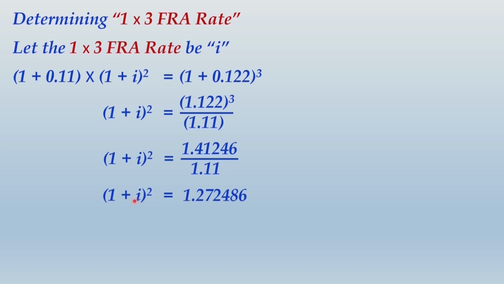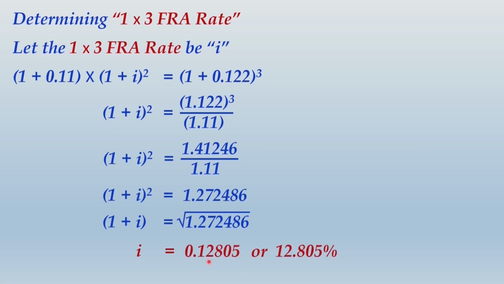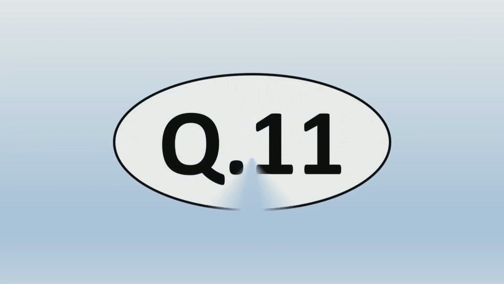So if you want the value of 1 plus I, you have to take the square root of the term on the right hand side. So 1 plus I would simply be the square root of 1.272486. When you take that square root, you get the value of I as 0.12805, or 12.805%.